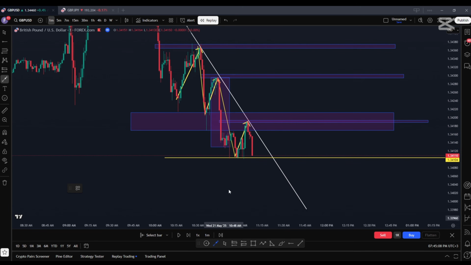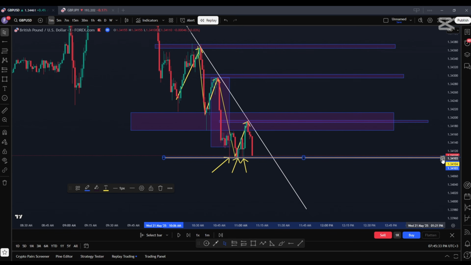We are having that rejection at that zone, we are having that forming there, and we also have that reaction at that point. This makes this level a very important zone, and we shall mark it as our support.